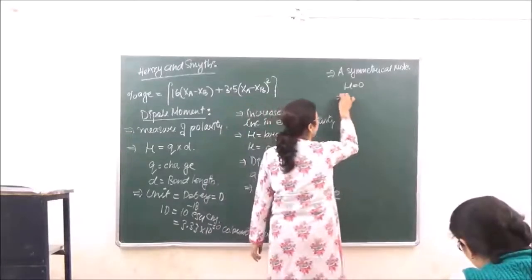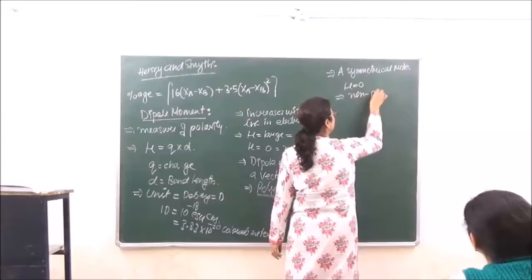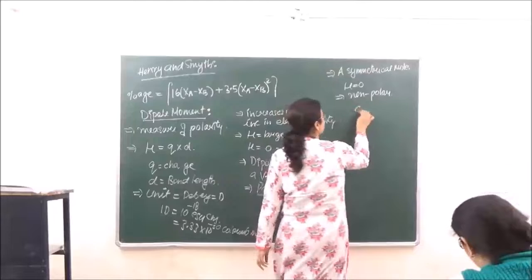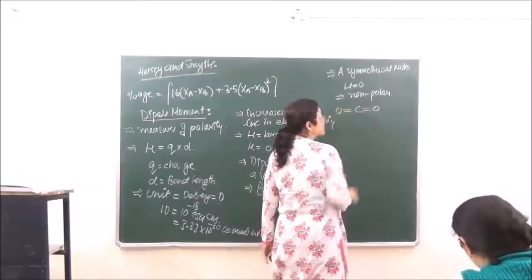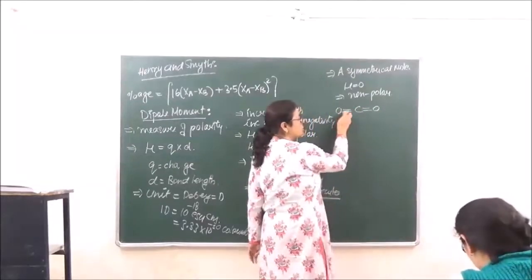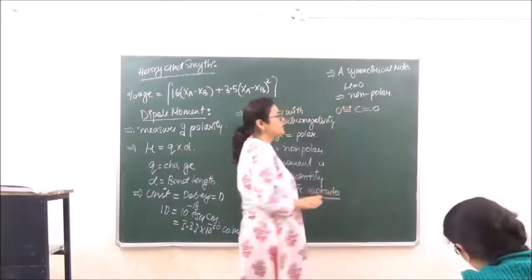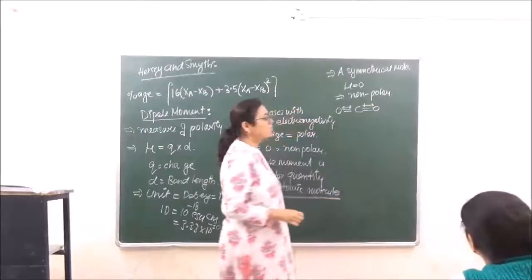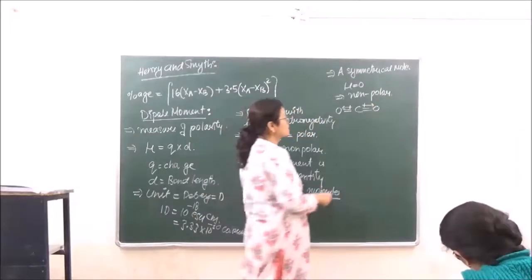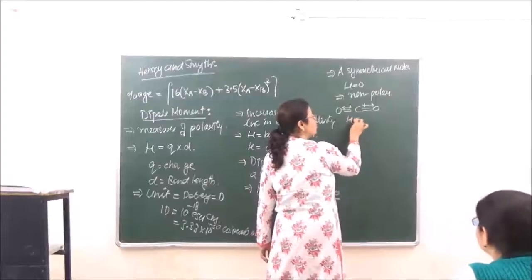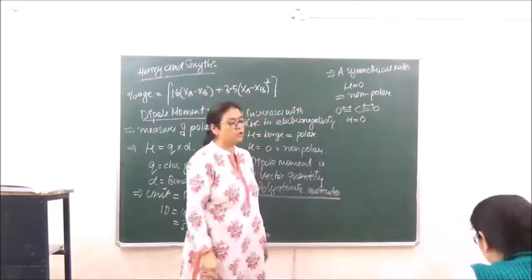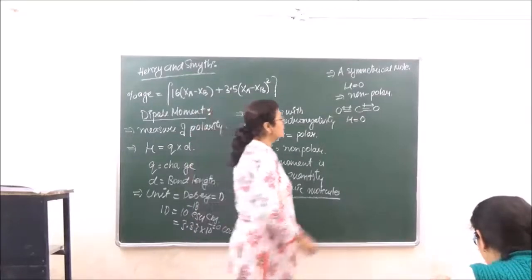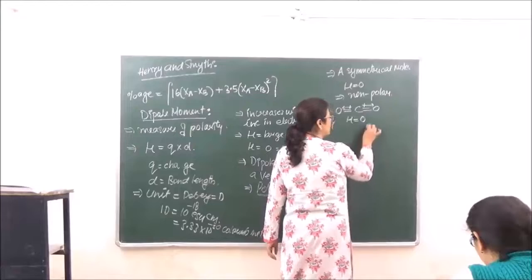Therefore, all these molecules are going to be non-polar in nature. ठीक है? जैसे for example, if you are taking the example of carbon dioxide, in this case we know that oxygen is more electronegative, so the dipole is directed towards oxygen. In a similar manner, over here also, the dipole will be directed towards oxygen. As a result of this, the resultant dipole moment of this molecule becomes equal to 0, and therefore carbon dioxide is non-polar in nature. ठीक है? Similarly, we have a molecule, say we are taking BF3.